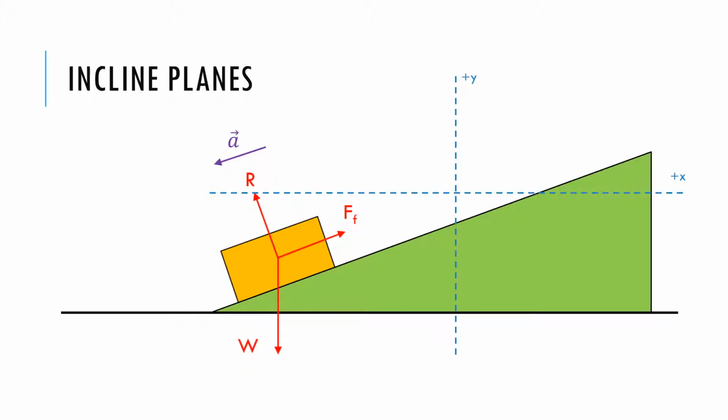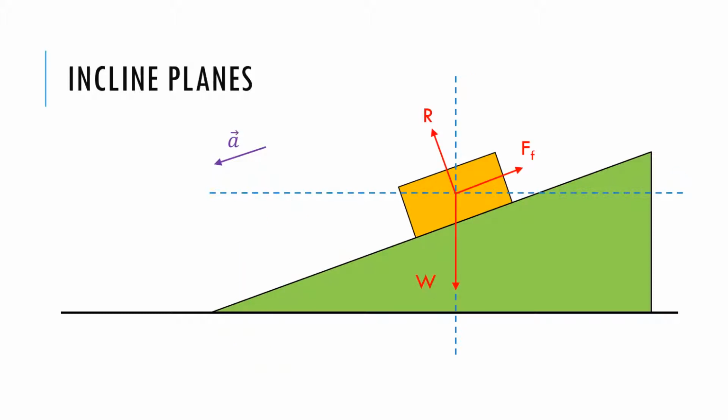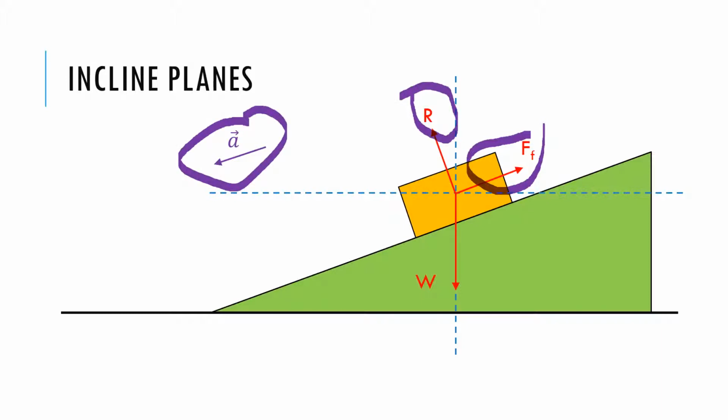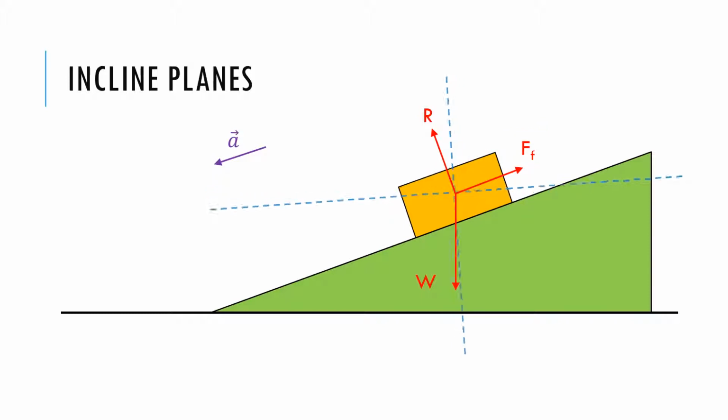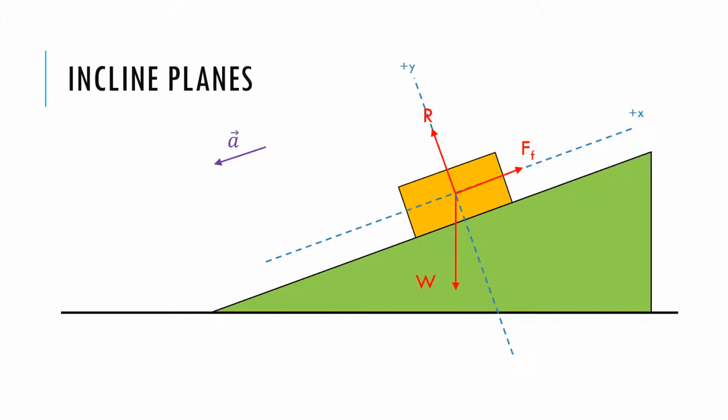And as this object, if we release it and let it slide down, there will probably be a friction force. There could be an applied force up or down the ramp. And I also have an acceleration that's angled down the ramp. So I have all these different angled forces, and especially what makes this tricky is the acceleration is at an angle. That's really hard to deal with. So what we do instead is we tilt the coordinate system.